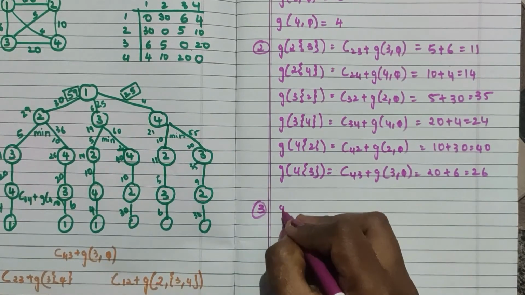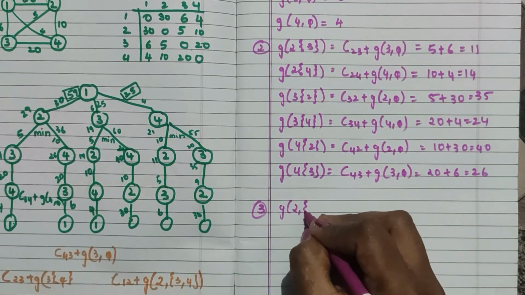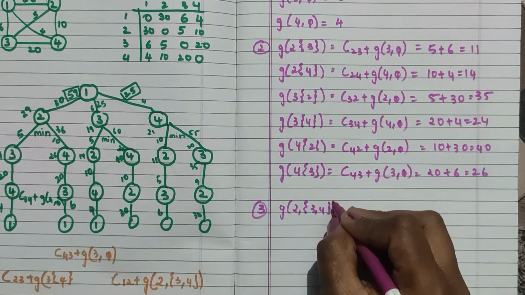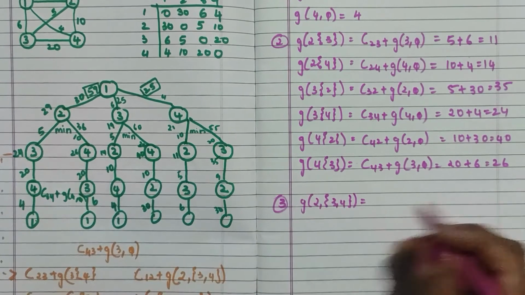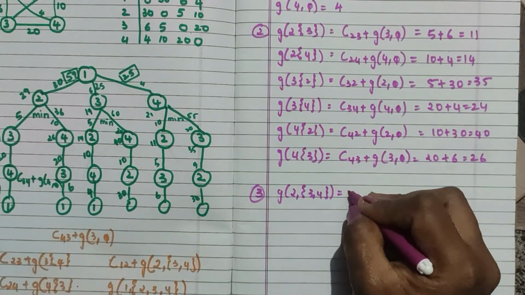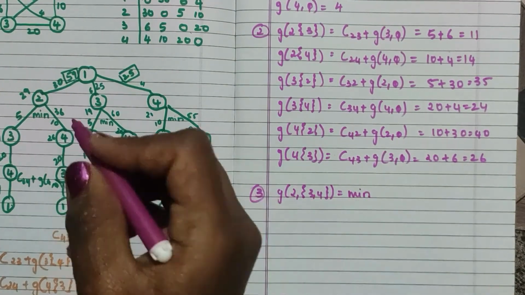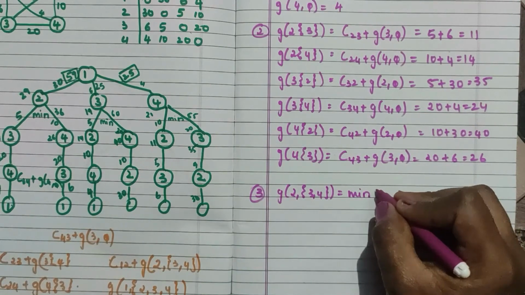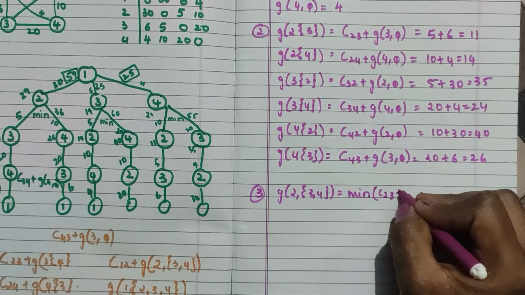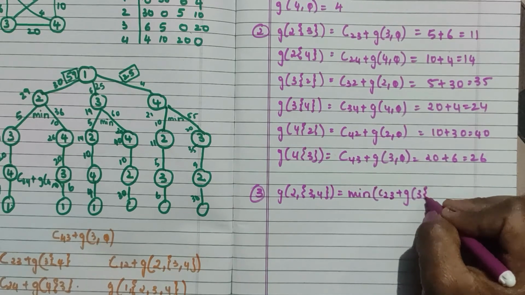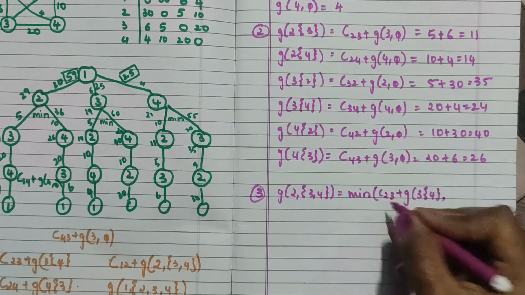So here it is g of 2, open the bracket, 3 comma 4. So here, if you see, 2 with 3 comma 4, let's find out. Here what you have to do is find the minimum value, because you have two directions. So minimum of the cost of 2 to 3 plus g of 3 to 4. How did I find this?